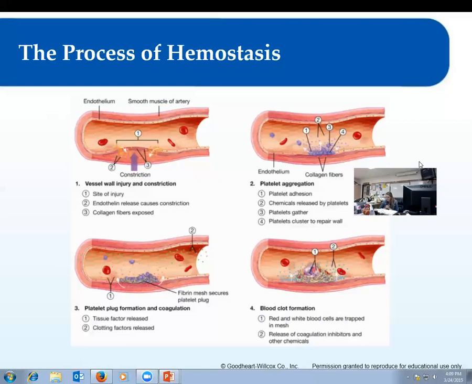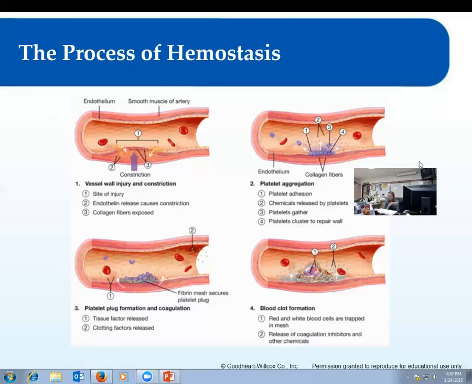Once that starts occurring, it releases coagulation inhibitors that go back and cause the platelets to stop coming and attaching there. It causes a decrease in platelet aggregation. It also makes the plug where the blood clot is start to shrink. It pulls in and pulls in until it meets up with the injured vessel wall again.